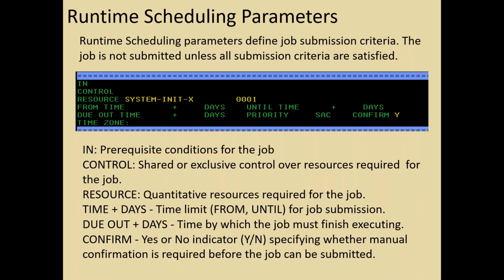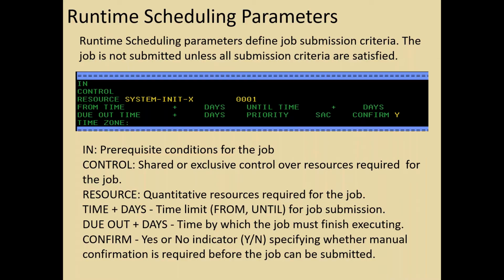Then confirm equal to yes or no specifies whether manual confirmation is required before the job can be submitted. One more important parameter after the in condition is your from time. Sometimes in Control-M all the in conditions will be satisfied, but only this time condition will be left and the job will be in wait schedule. So sometimes the application team will ask the support team to remove this from time condition.